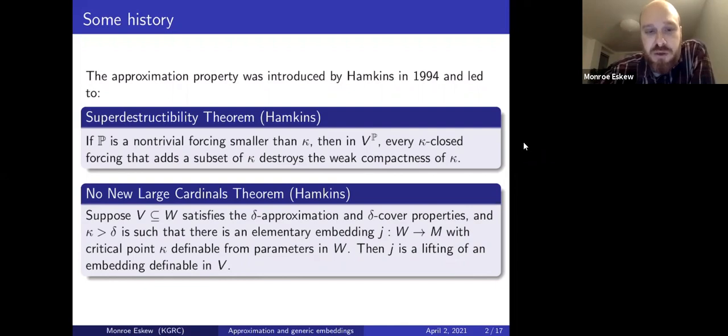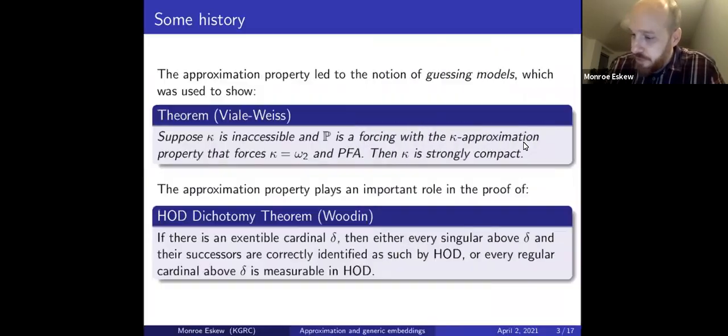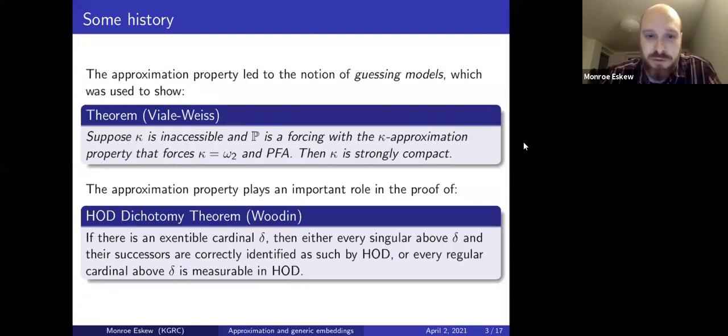So this says that, okay, he stated it differently, but essentially if you have a cardinal kappa that in some generic extension is the critical point of a definable embedding j, or we can just say it has, so not just some generic extension, but a nice enough one, namely the larger model and the smaller model together satisfy this delta approximation and delta cover property, then in fact, j is a lifting of an embedding definable in V. So the restriction of j to V is actually definable in V.